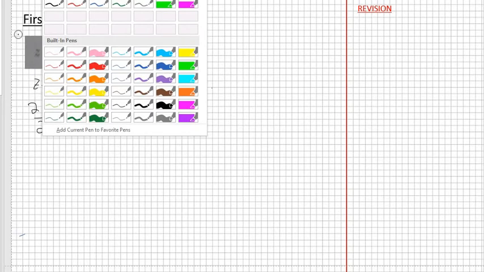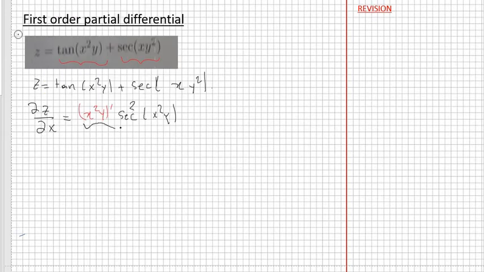So this is only the derivative of the first term. The first term is this one, and then we say plus. We also need to derive the second term. What is the derivative of sec?